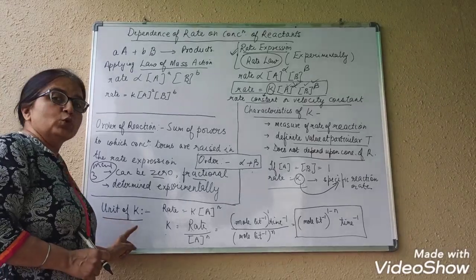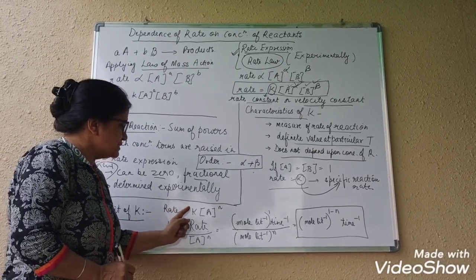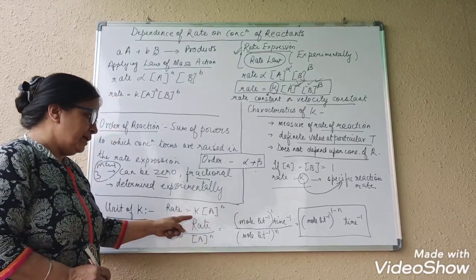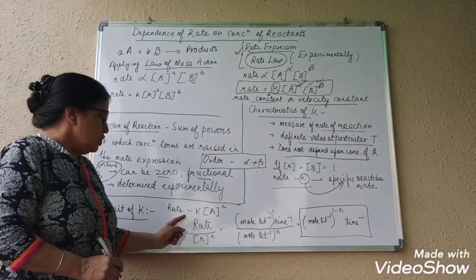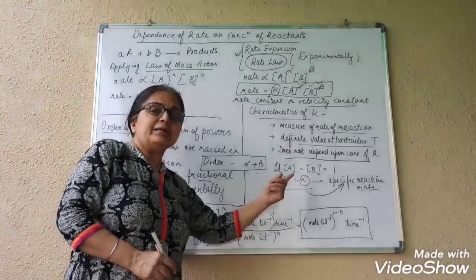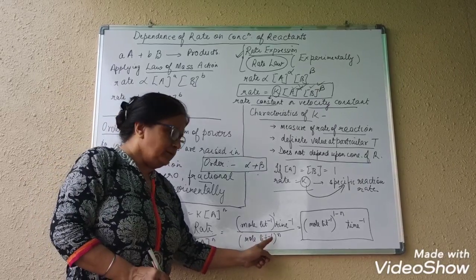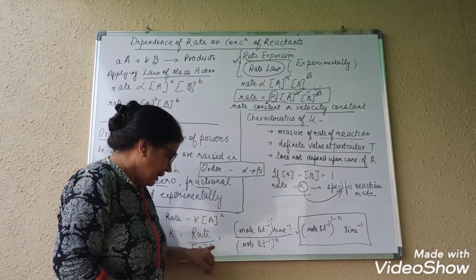Now we will talk about the units of K. For that I have taken one equation: rate is K, concentration of A to the power n. What will K be here? Rate divided by concentration of A to the power n. I write the unit of rate as mole per liter per time, and below it the concentration, so mole per liter, to the power n.